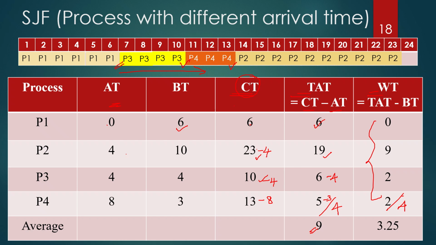So in the next video, we can see the shortest job first with preemptive, that is shortest remaining job first. We'll be calling the algorithm shortest remaining job first, that is SRJF. We can see that in the next video.